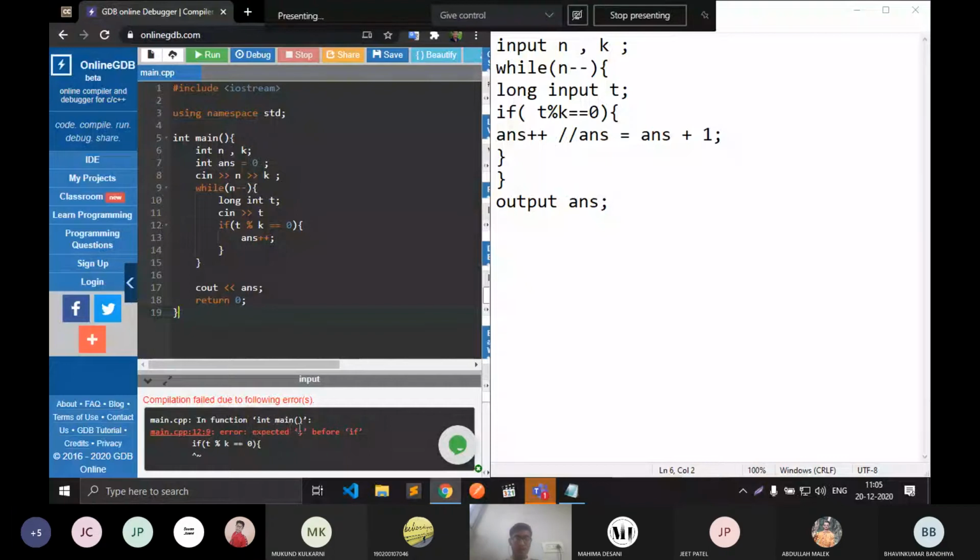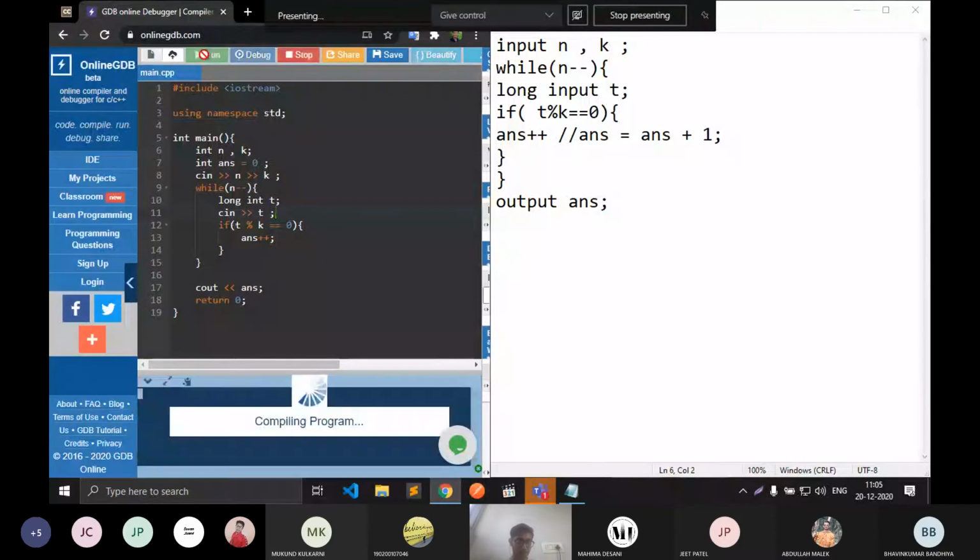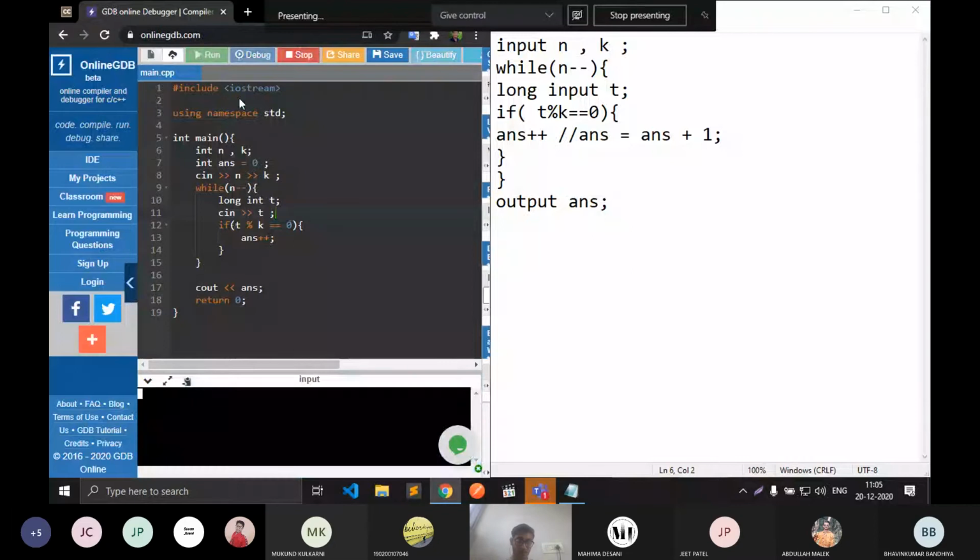Error: unexpected semicolon before if. Before if, it means our if statement, and you just have to read what it says and complete it. They expect a semicolon, so complete it. Error solved, it runs. Yeah, it runs. Okay, done.